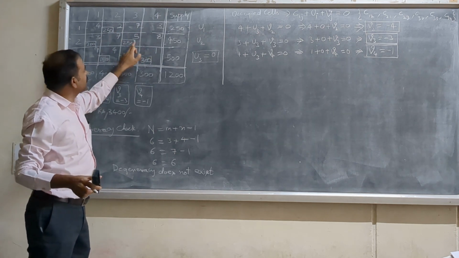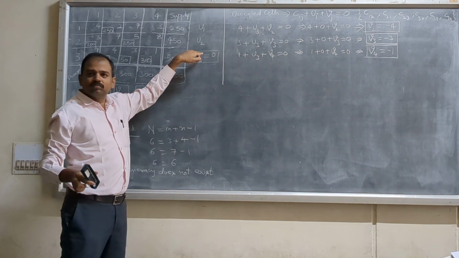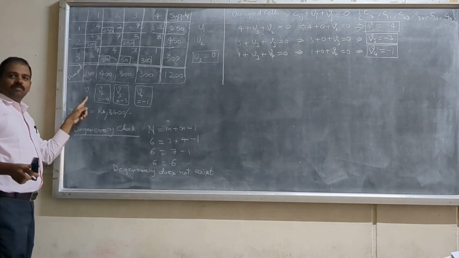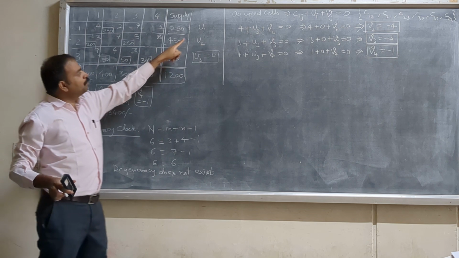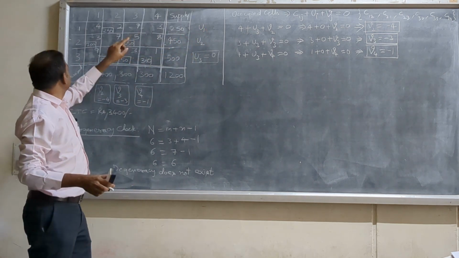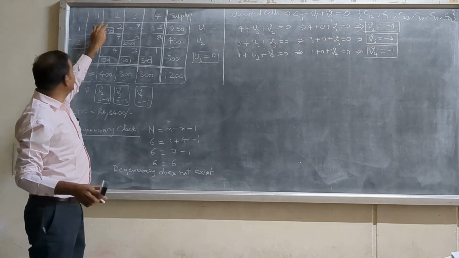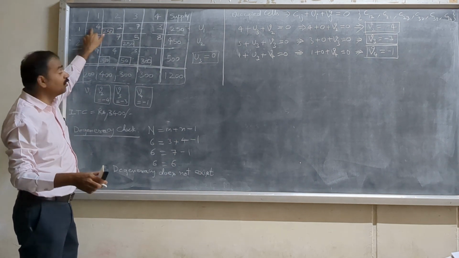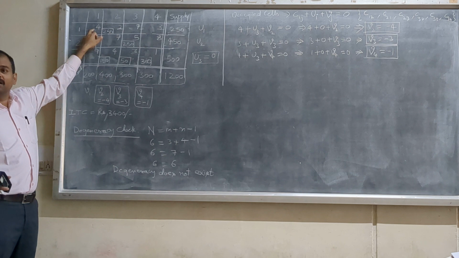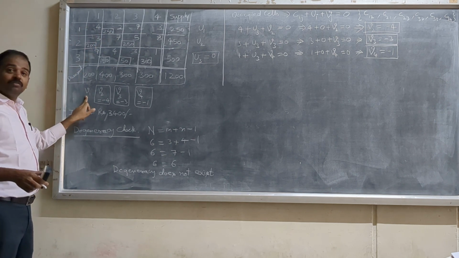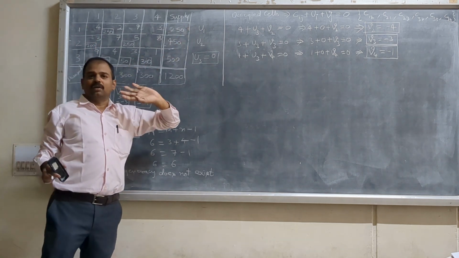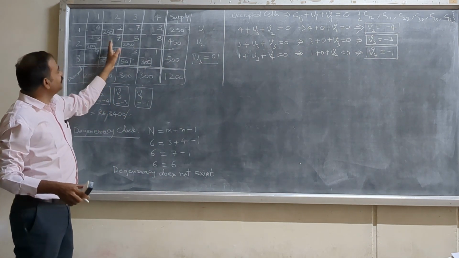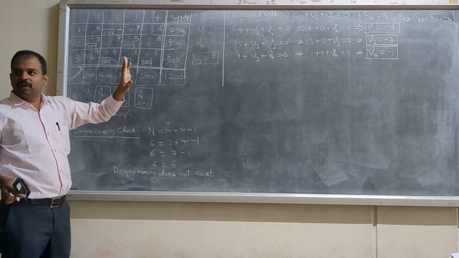Keep in mind, you don't know the value of V1 or U1, so never select such a kind of cell. Fortunately, it is not allotted, so no problem. If there is an allocation here, never take that cell unless you find the value of either V1 or U1. Got it? So now we will go with the other cells so that we will figure out the values of U1 and U2.